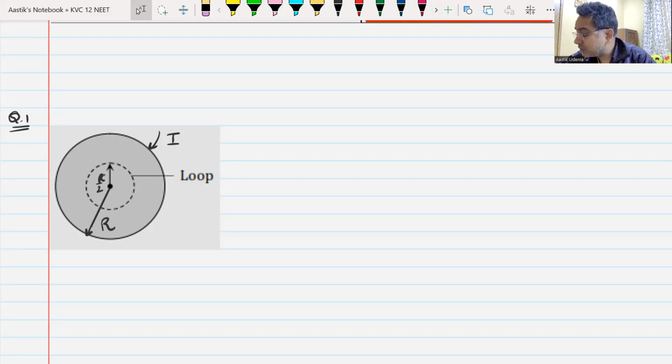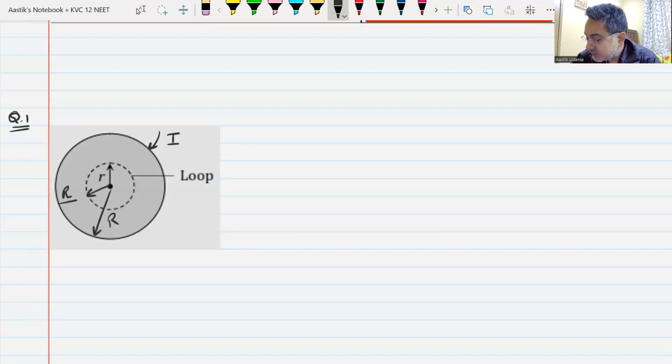The distance of this point from the axis of the cylinder is small r, and the value of this small r is R by 2. I'll give you a minute to give me the answer.